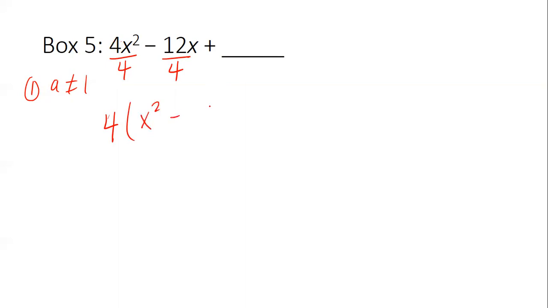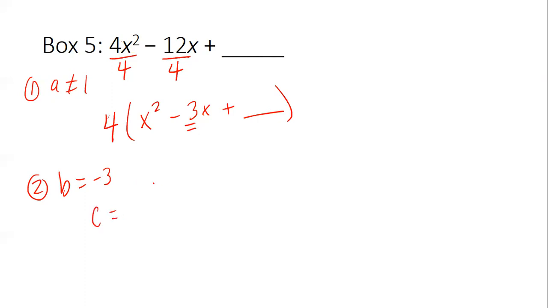And we have x squared minus 3x, and we're going to have that blank. So do you see what we did when A doesn't equal 1? Yes. Okay. So now our B is actually -3. This guy right here.